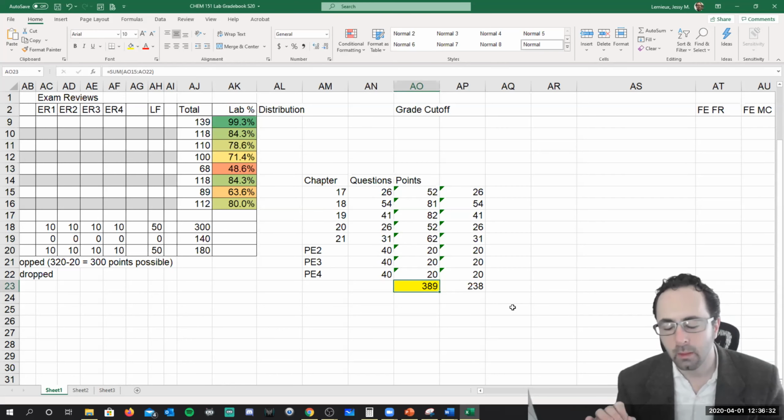However, there are only 300 points allotted for assignments. So if you do all the assignments, you have a potential to gain an extra 89 points because the assignments will only be out of 300. So doing all the assignments to completion can get you up to 89 extra credit points.